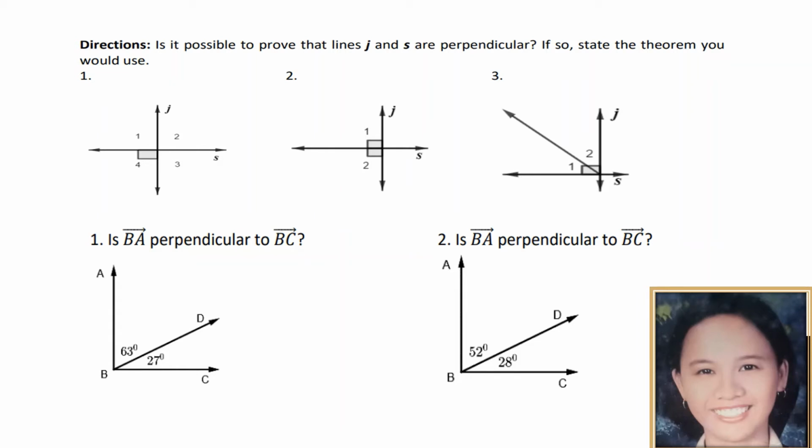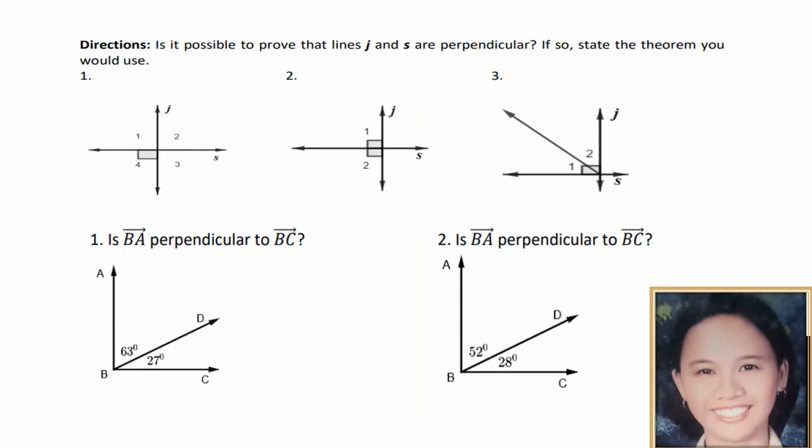Let's try this. Is it possible to prove that lines J and S are perpendicular? If so, state the theorem you would use. For number 1, angle 4 is a right angle. Since it is a right angle, we conclude that angle 1, angle 2, and angle 3 are also right angles.